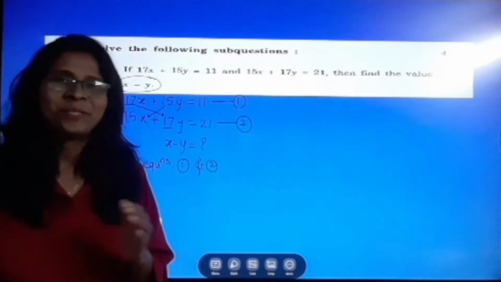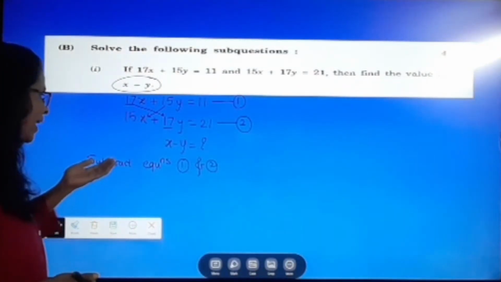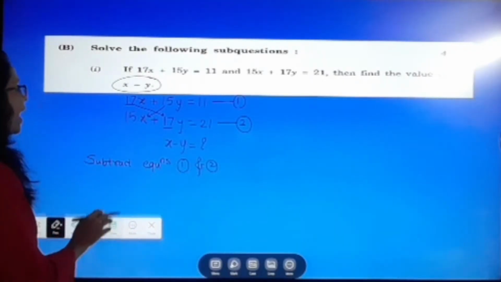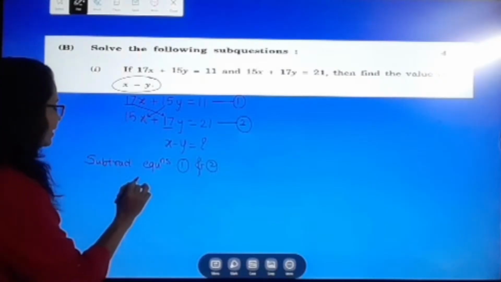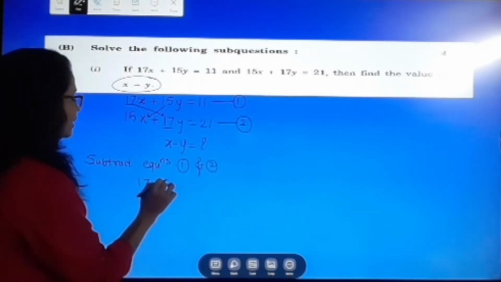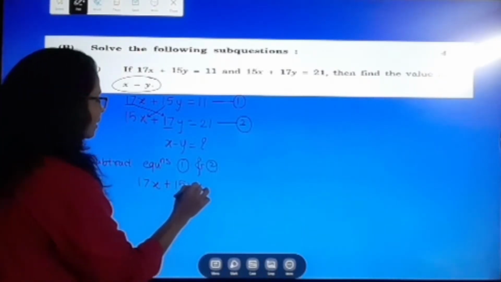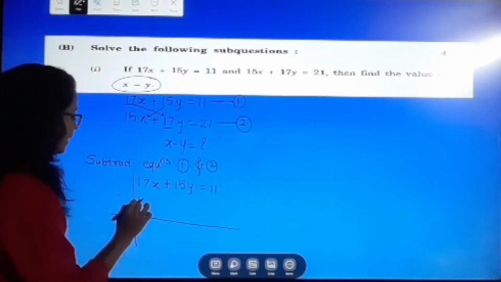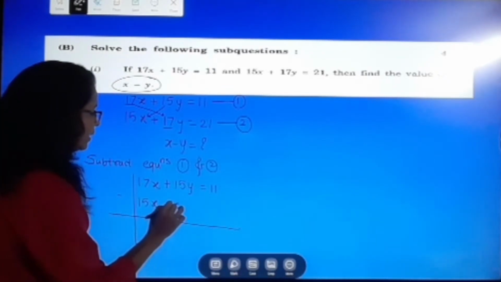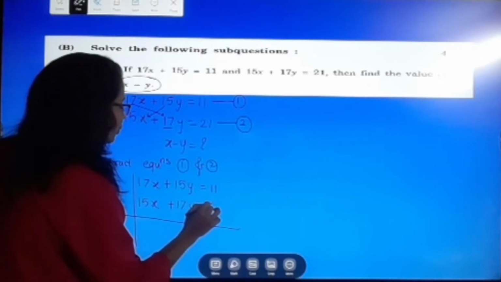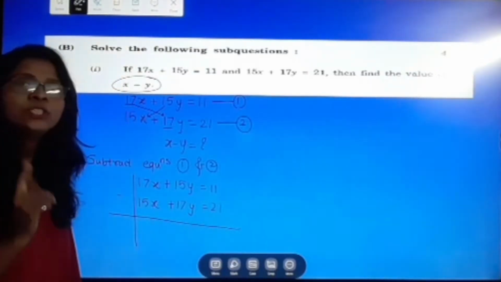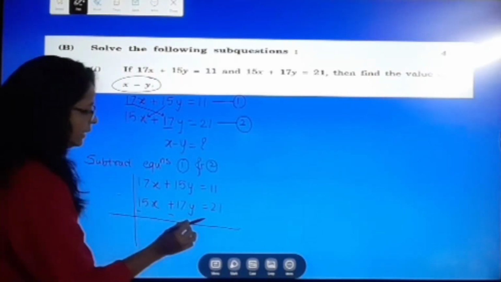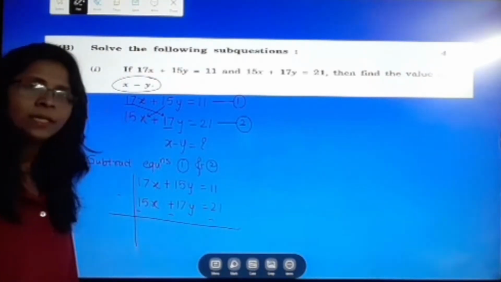Okay students, so now here students, subtract equations 1 and 2. Now here first I write down the first equation, 17x plus 15y is equal to 11, then minus 15x plus 17y is equal to 21. Then here change the sign: minus 15x, minus 17y and minus 21.